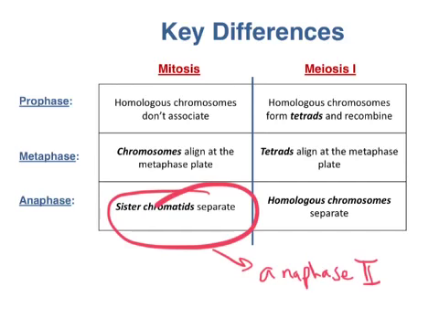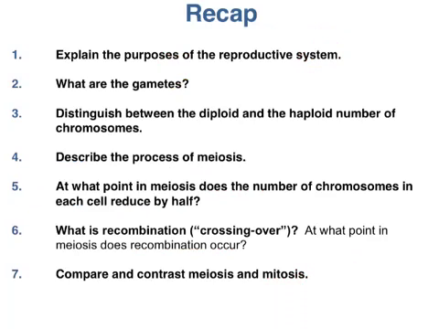Okay, after studying this video, you should be able to talk a bit about these questions. You should be able to talk a bit about the purposes of the reproductive system. Remember, gamete formation, very critical in both men and women. But don't forget about the nurturing of the offspring that happens in women.